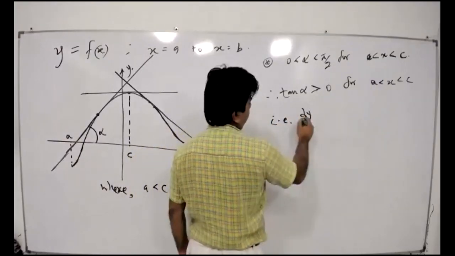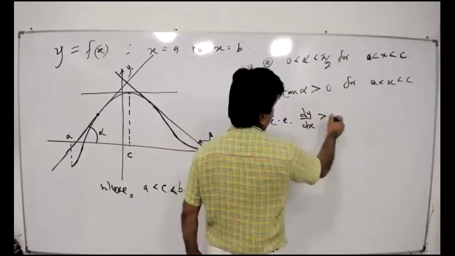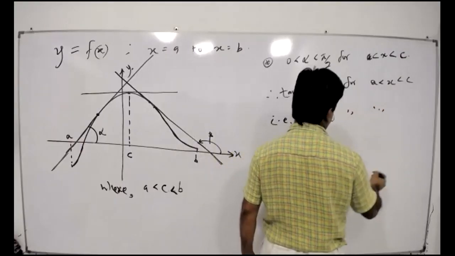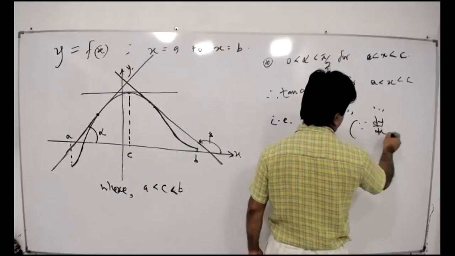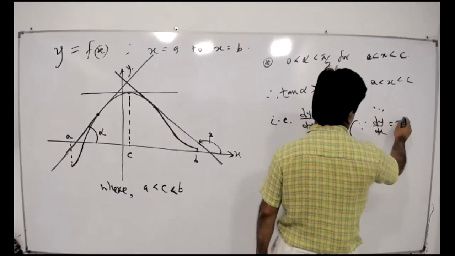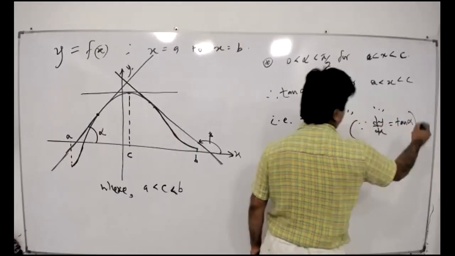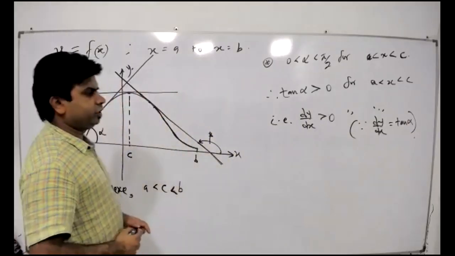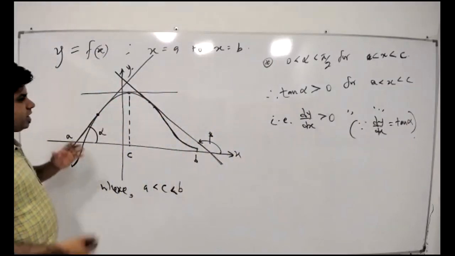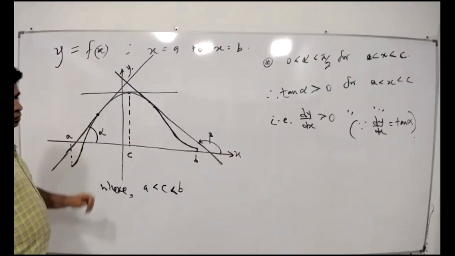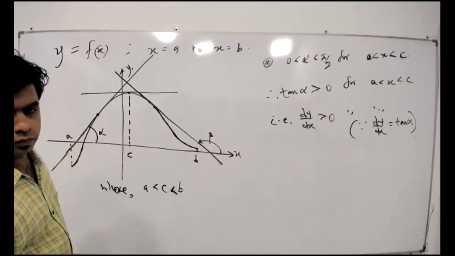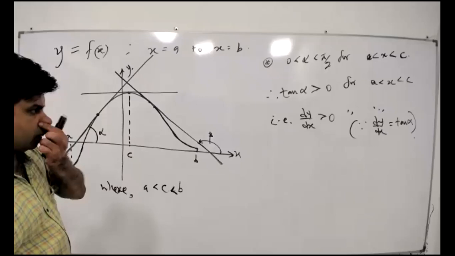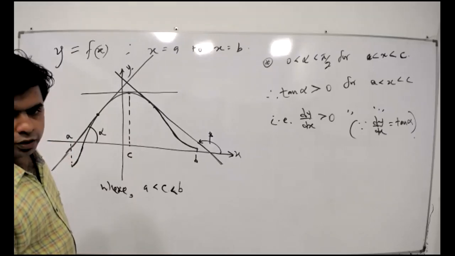That is, dy by dx is positive in that range because dy by dx, the gradient, is defined by tan alpha. Dy by dx is positive from a to c.